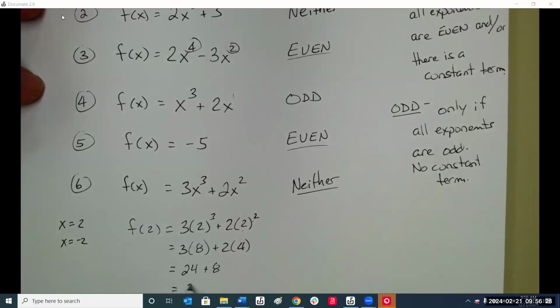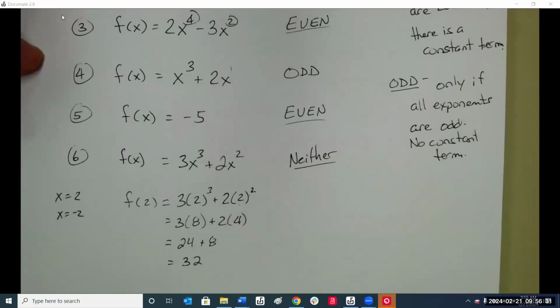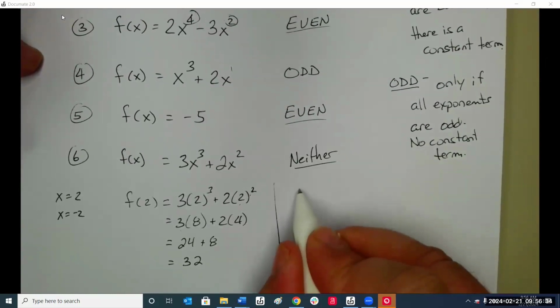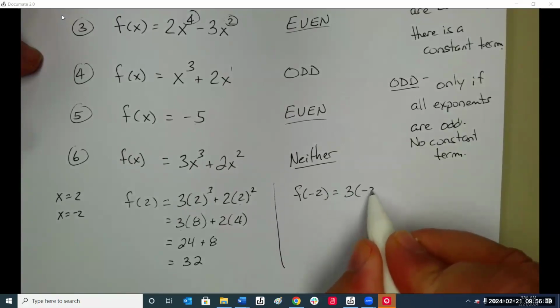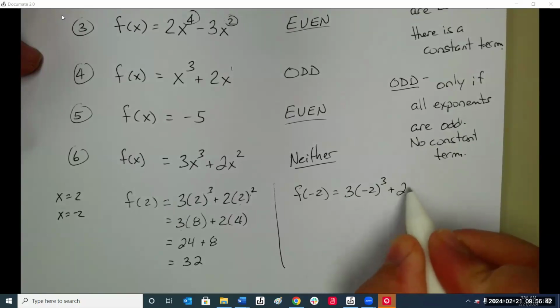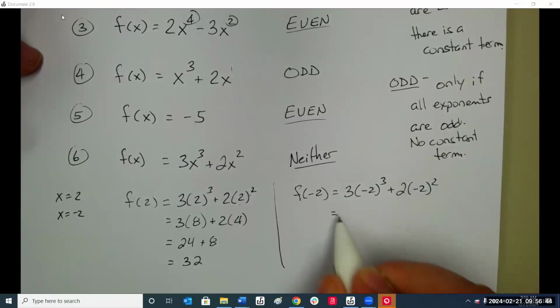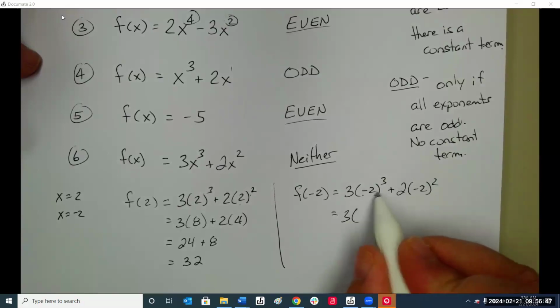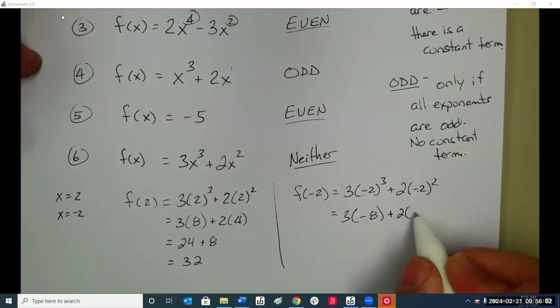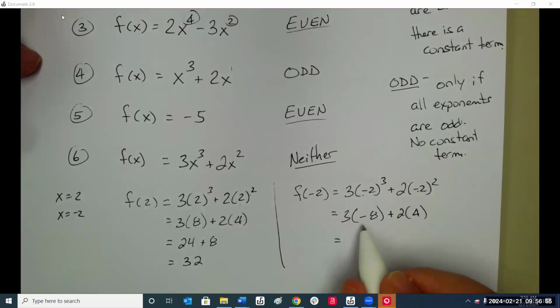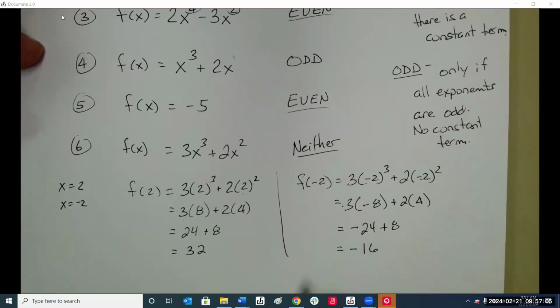Plus 8 is 32. -2 cubed is -8. -2 squared is +4. Positive times negative is negative. 3 times 8 is 24. Plus 8 is -16. So it's neither.